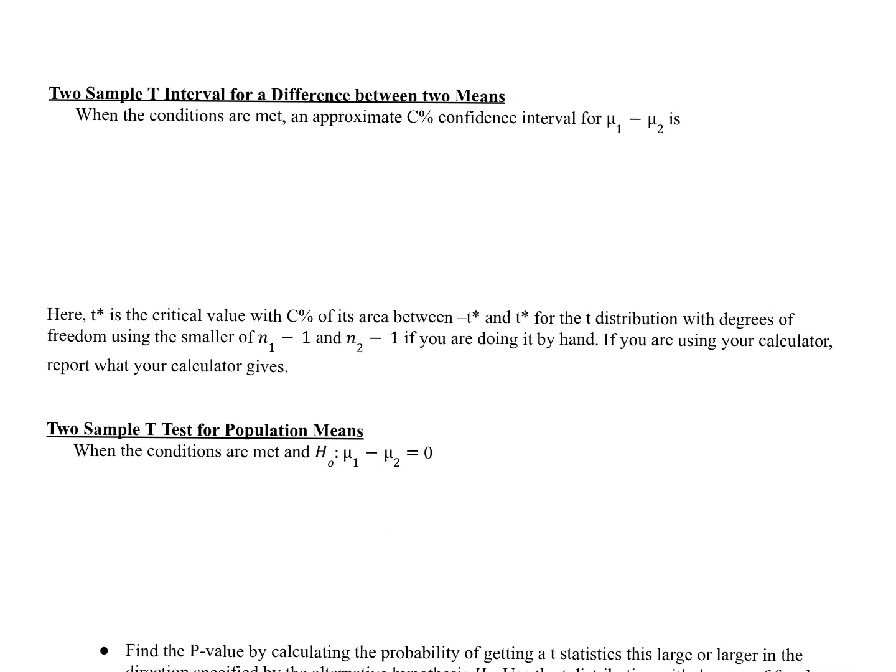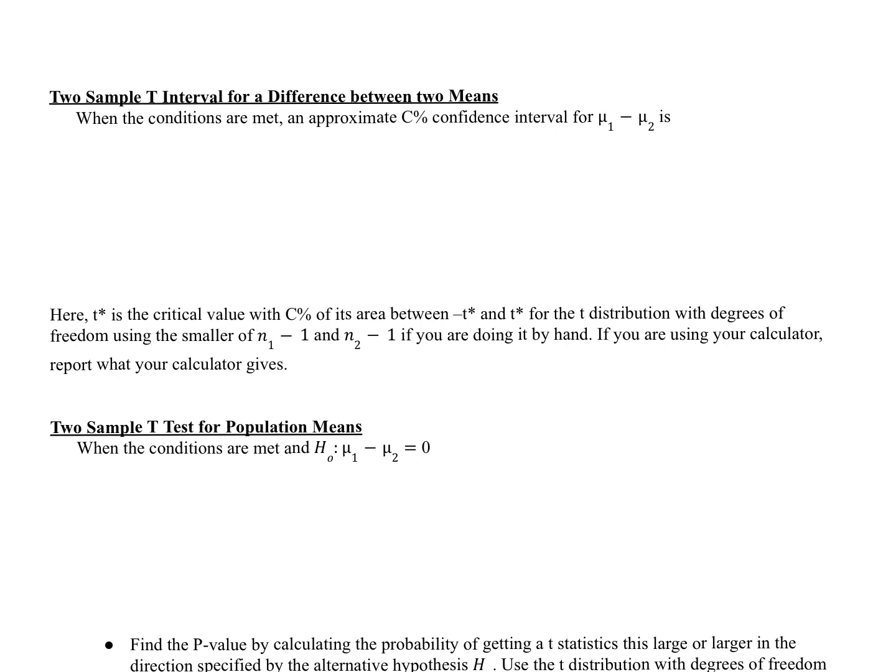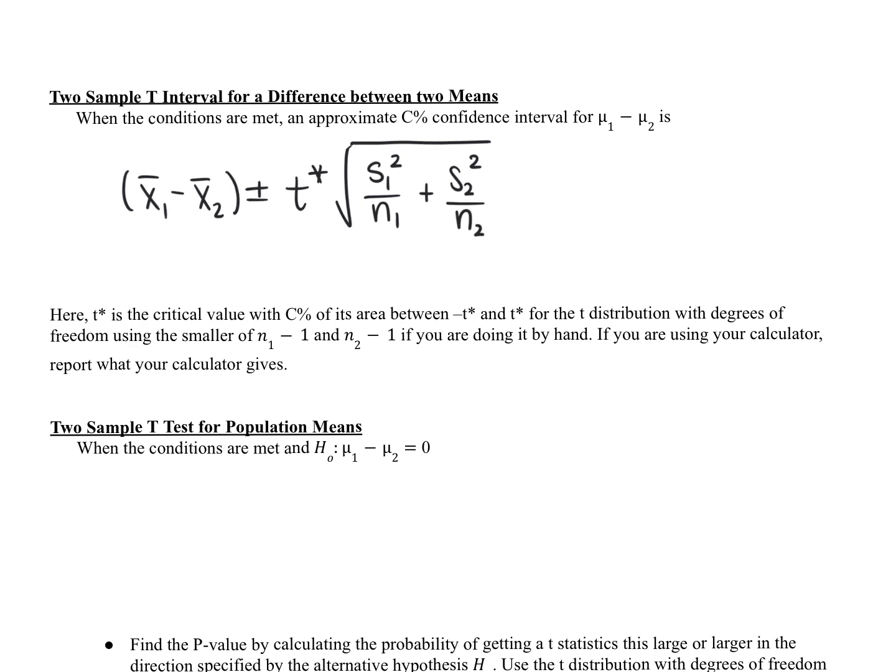So let's talk about the 2-sample t interval for a difference between 2 means. If you're going to find the confidence interval based on a sample standard deviation, then we do x1 bar minus x2 bar plus or minus our t critical value times our standard error, which is the square root of s1 squared over n1 plus s2 squared over n2.